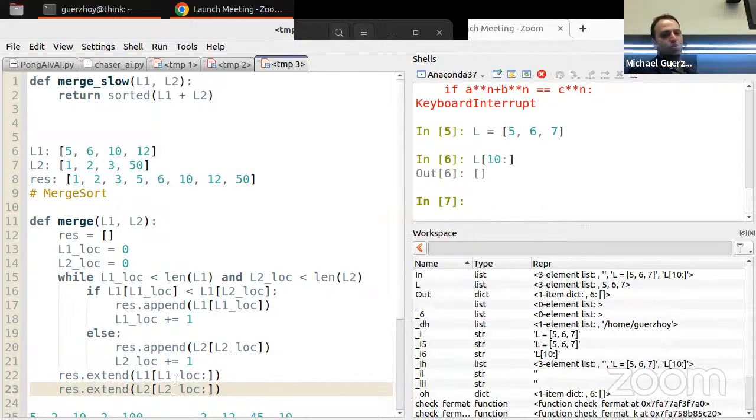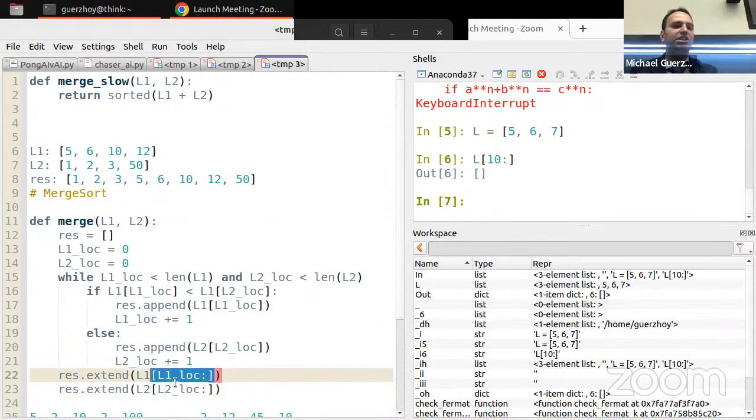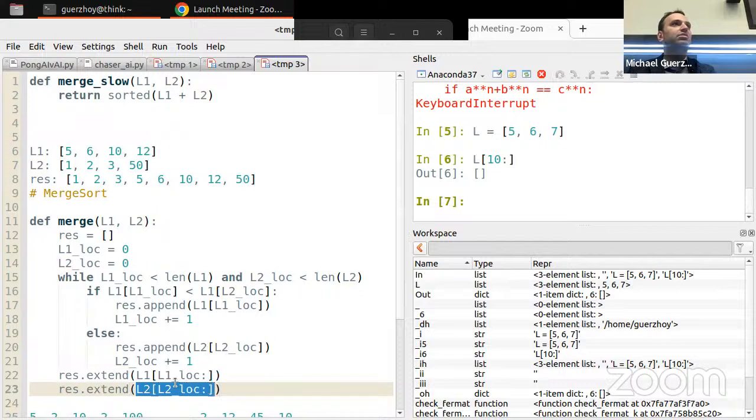So either L1 location or L2 location might actually be equal to the length of L1 or L2, but that's fine. It just means that maybe this is empty or maybe this is empty. It's definitely going to be the case that one of them is not empty, because if you're taking elements out of two bags and you stop when one has run out, they can't both run out at the same time. Make sense?